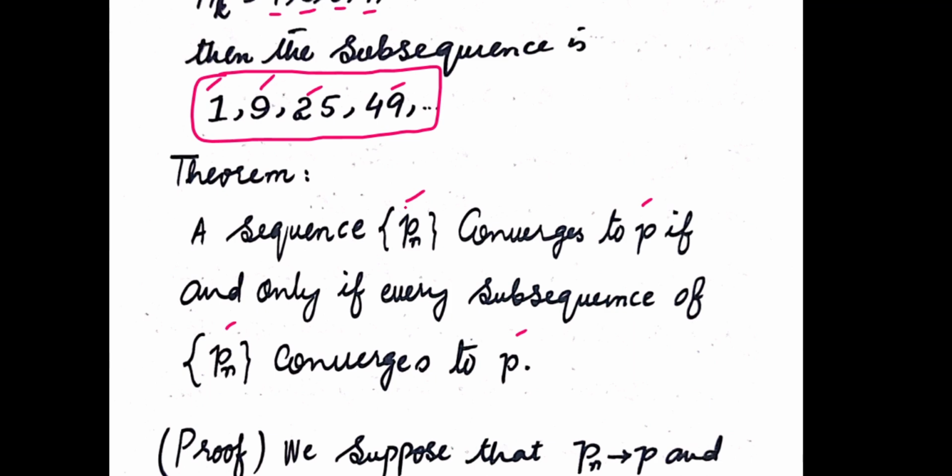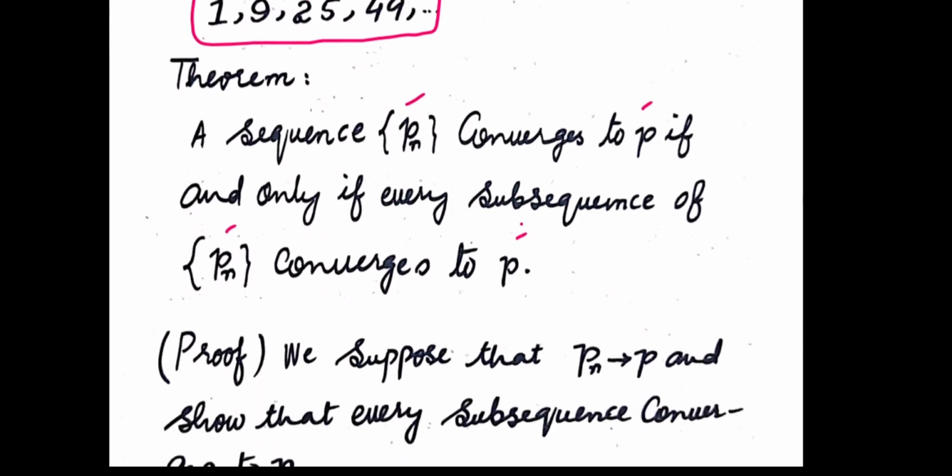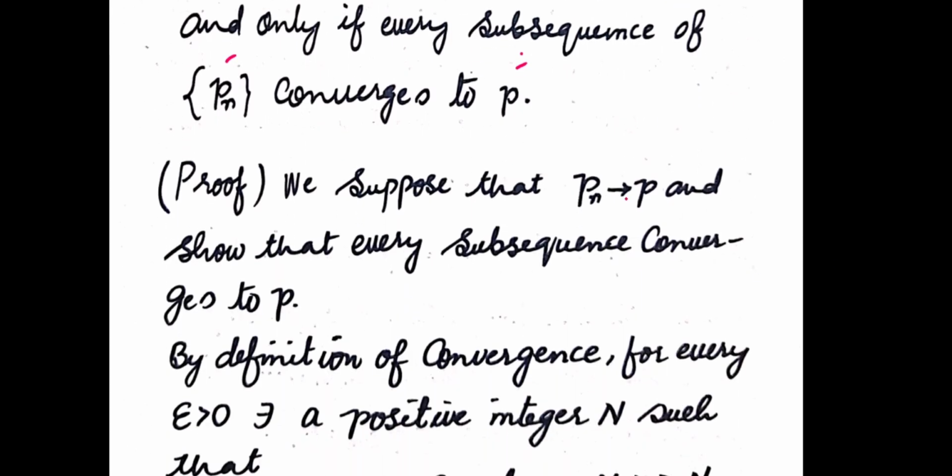So this theorem says if a sequence Pn converges to P, then every subsequence also converges to P, and the converse is also true. We suppose the sequence Pn converges to P, and we show that every subsequence of Pn also converges to P.